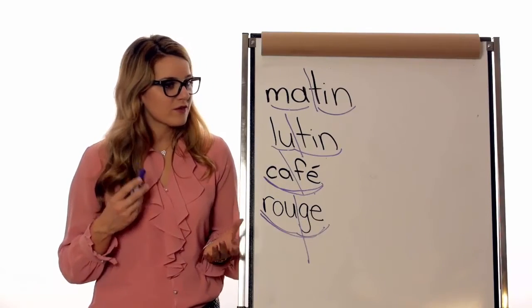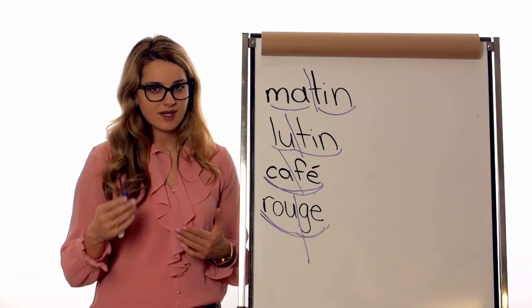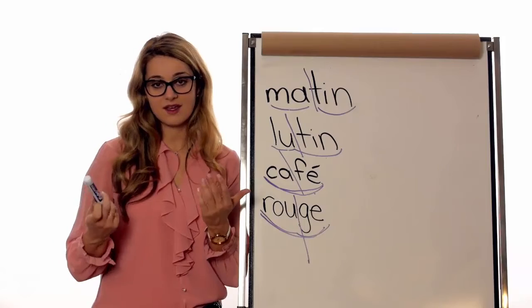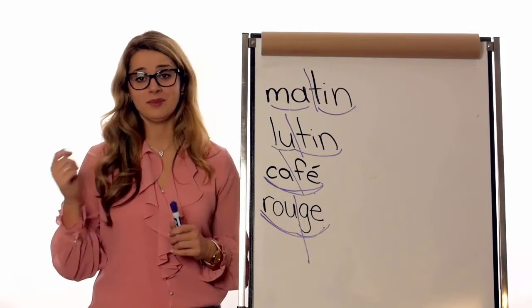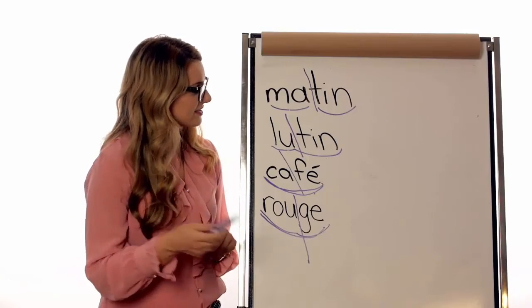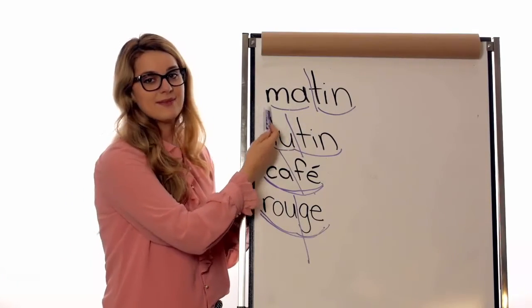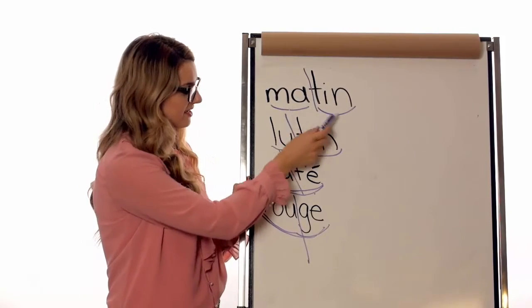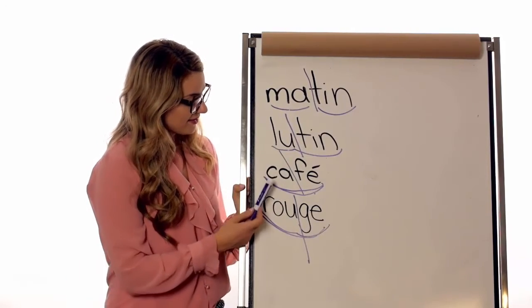I know if you do not know what these words mean, it might be a little bit difficult, but if you continue to practice the sounds of the alphabet and blending them, you can definitely get a hang of this. For example, the m and the a, that's ma, the t and the a, ta, matin. Okay? C-A.